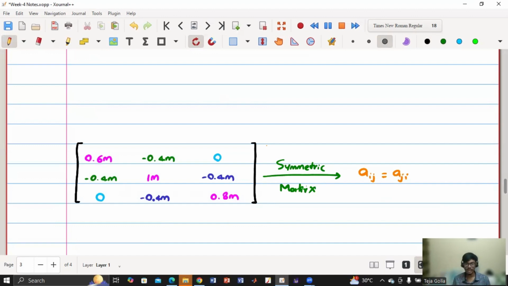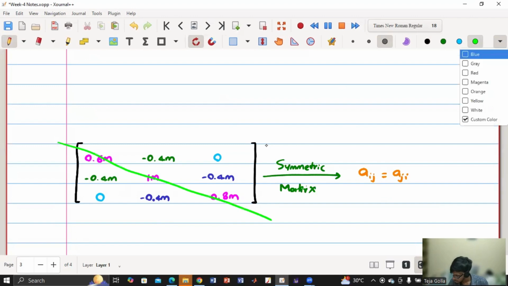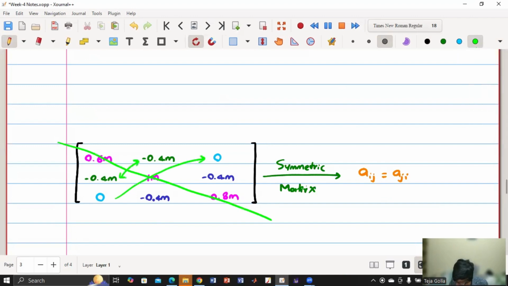So the ith row, jth column element is the same as the jth row, ith column. Or you can say that if you draw a line passing through the diagonal, the elements on the left side and the right side of the diagonal will match.